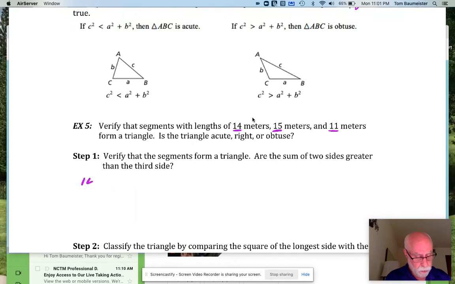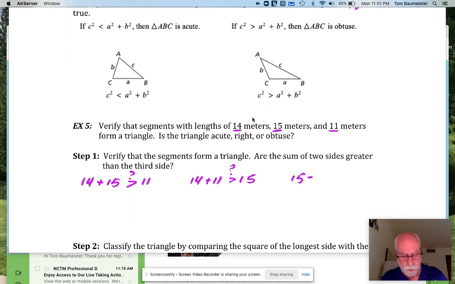So step 1, 14 plus 15. Is that greater than 11? 14 plus 11, is that greater than 15? And then 15 plus 11, is that greater than 14?